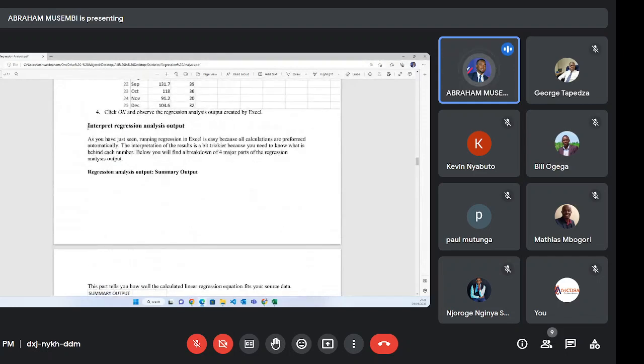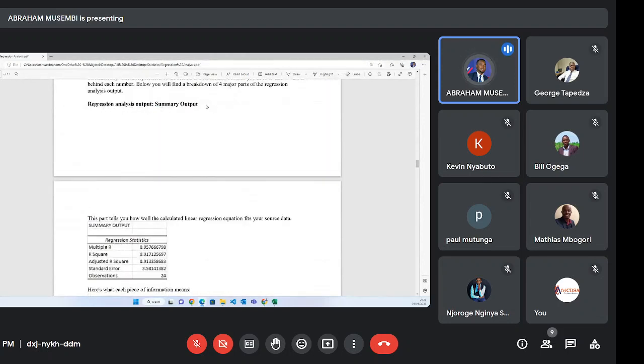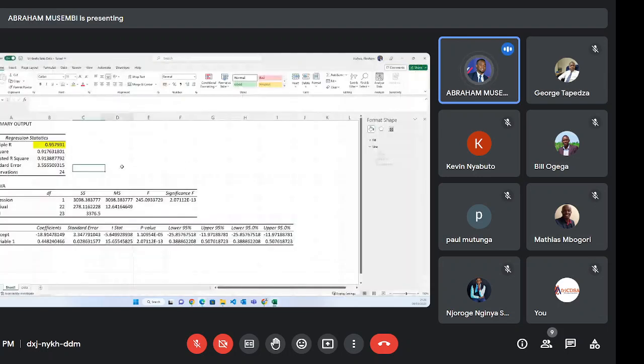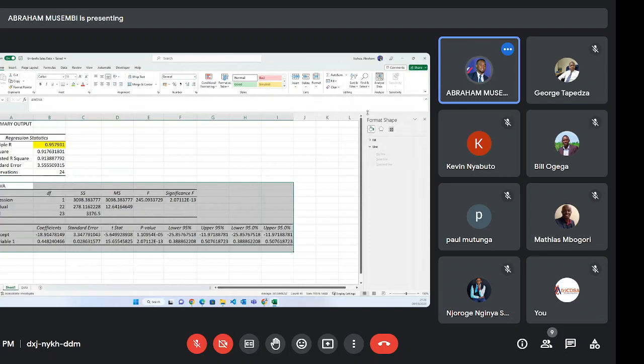Now we are here, interpreting the analysis output. For the analysis output, we have the summary output, which I have shown you here, and then we have the ANOVA part.